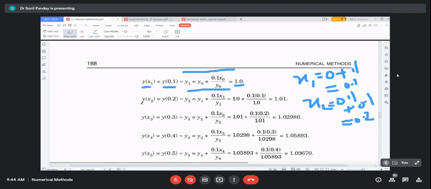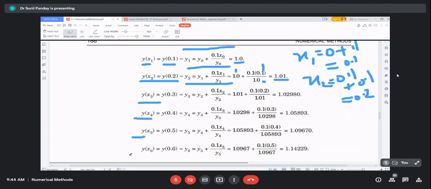Now for y at x2, we are trying to find the value of y at 0.2 through the Euler's formula. You substitute the value of y1 and the value of x1, and after this you have this one. Similarly, you obtain the value of y at all these points of x.